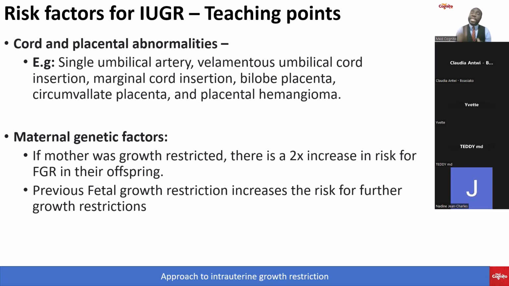Did you know that if this patient herself, when she was developing in her mother's uterus, also had IUGR, then there is a 2-time increased risk for developing fetal growth restriction in their offspring.